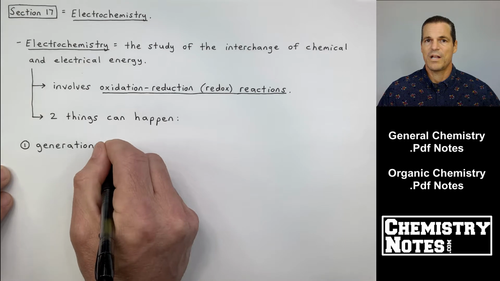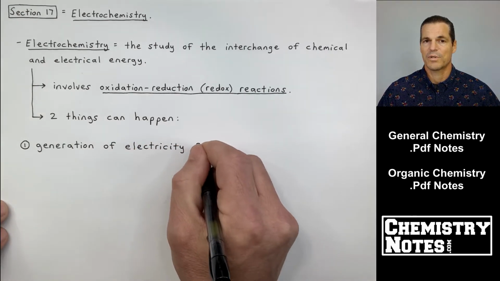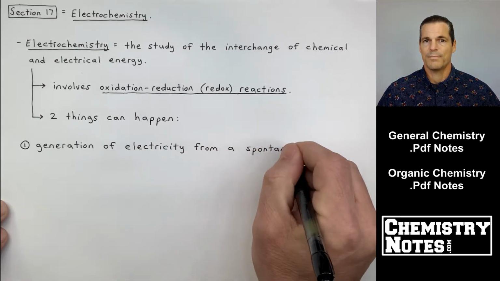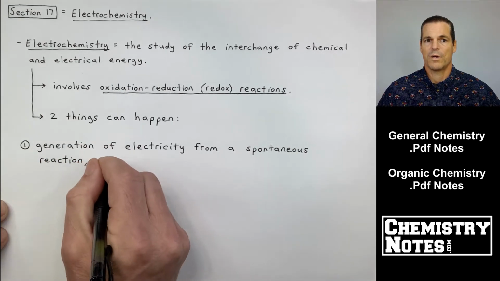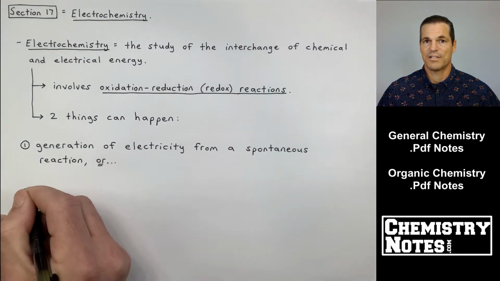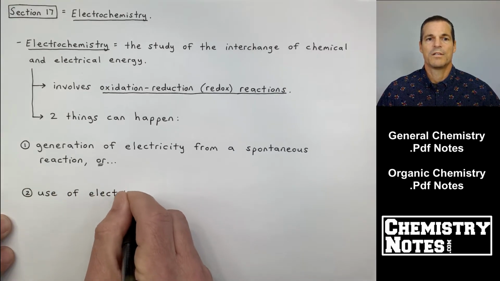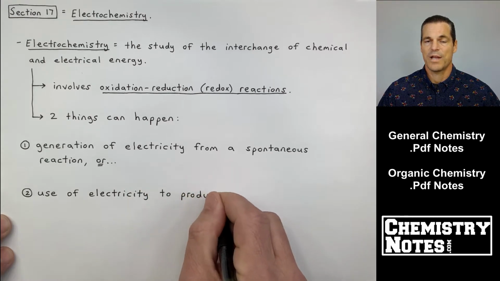When we have a redox reaction and something called an electrochemical cell, which we'll get to, two things can happen. Number 1 is by far our primary focus in this section. Number 1, generation of electricity from a spontaneous chemical reaction.